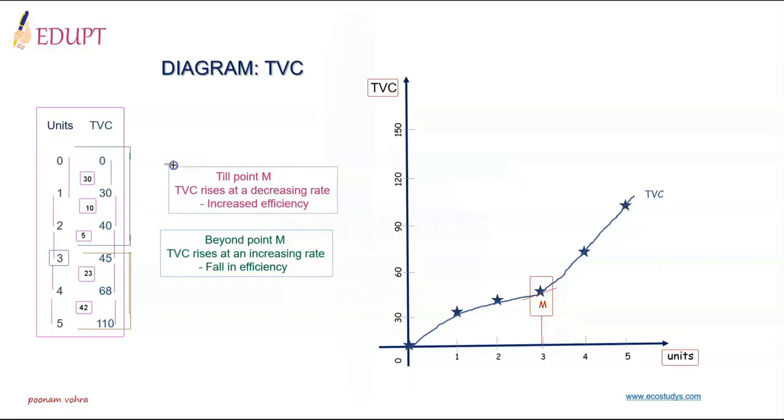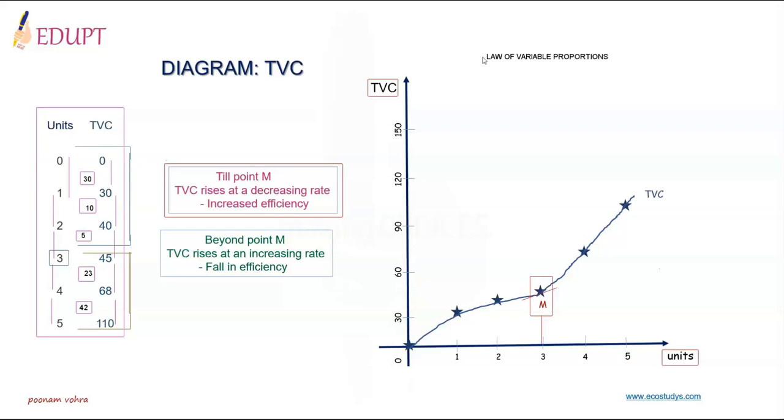Till point M, total variable cost rises but at a decreasing rate, and it occurs mainly because of increased efficiency. One can recall that total variable cost is derived from the behavior of total product, which is implied in the law of variable proportions.